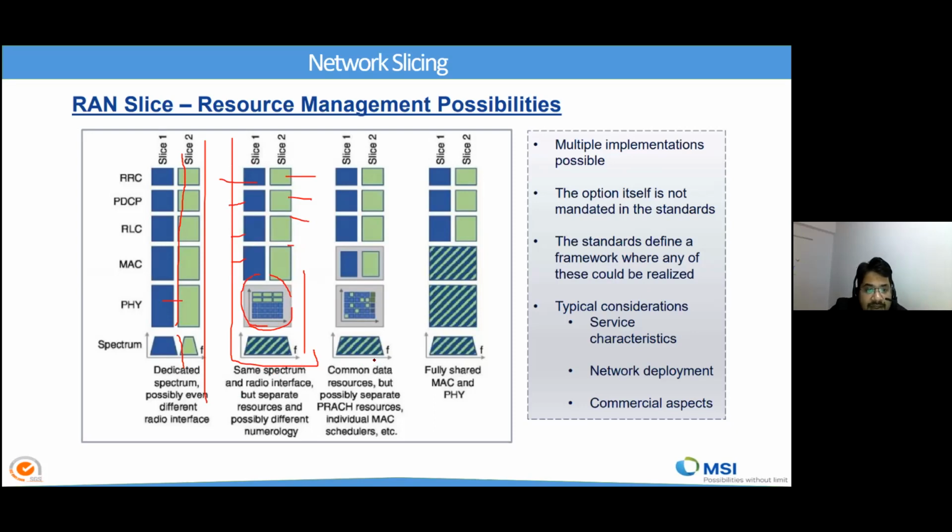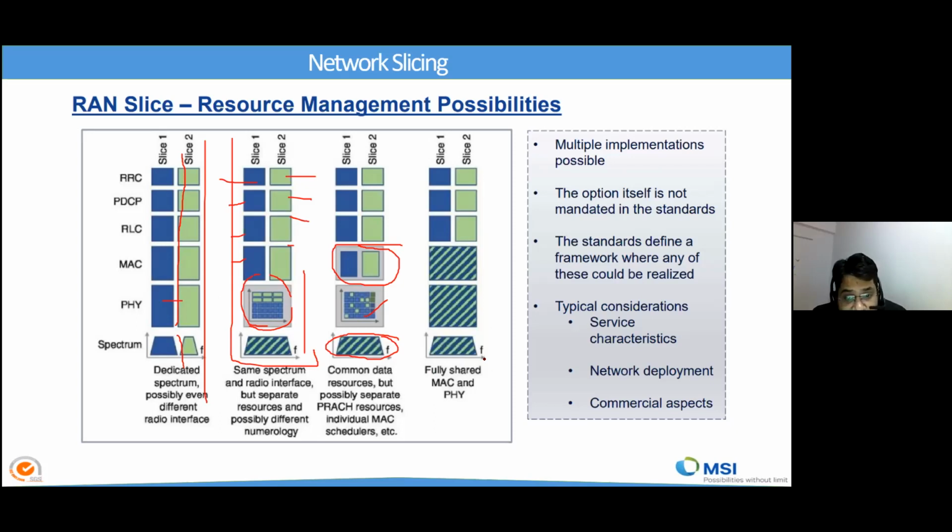In a similar way, in the third example, again the spectrum is the same, and at the physical layer different numerologies are there, but at the MAC layer some functions are shared, and some functions of the MAC layer are common for both slices. That's why it is designed in a box. And for the other layers like the RLC layer and PDCP, there are different entities for these two slices respectively.